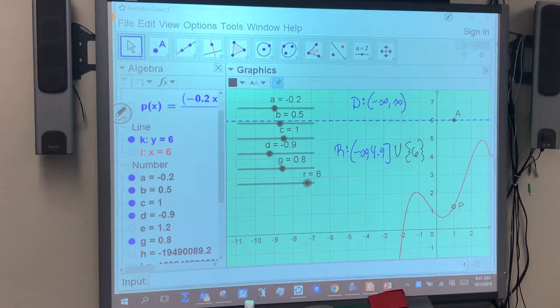All right. It's just one example, but hopefully that gives us an idea of what happens when we see a picture and they start taking these points and removing them. A lot of times it's called point removal or point discontinuity.